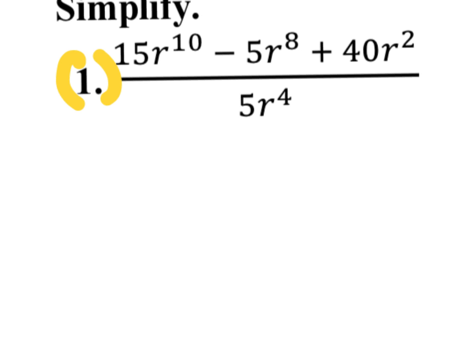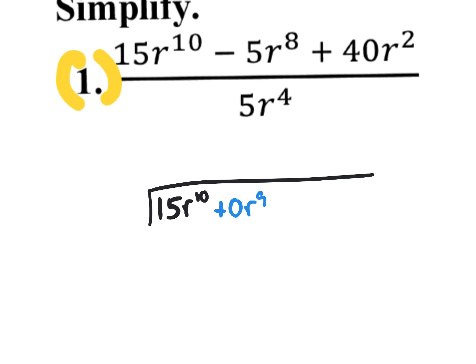Don't copy this down, just watch me. I'd have to do 15 r to the 10th. Is there an r to the 9th? No, I'd have to do plus 0 r to the 9th. But then there is an r to the 8th, minus 5 r to the 8th. And then there is no r to the 7th, so plus 0 r to the 7th plus 0 r to the 6th. Are you kidding me? Forget that, right? Okay, let's not do that.